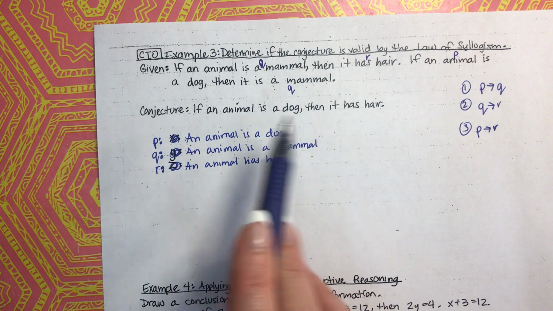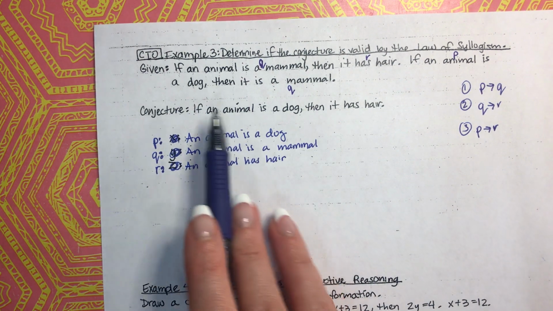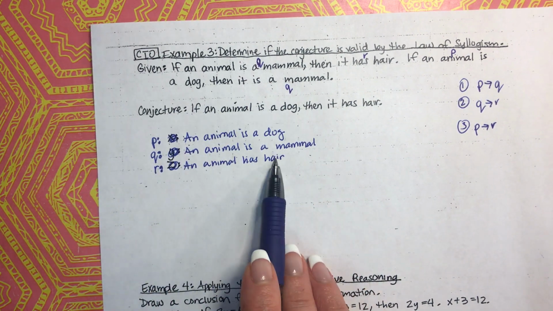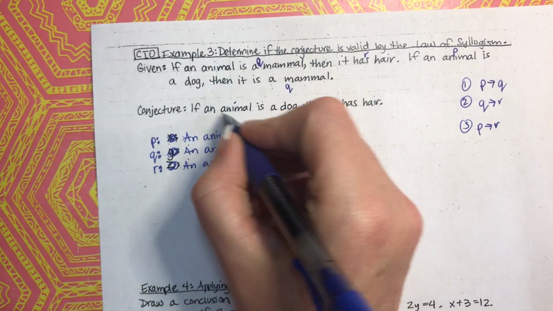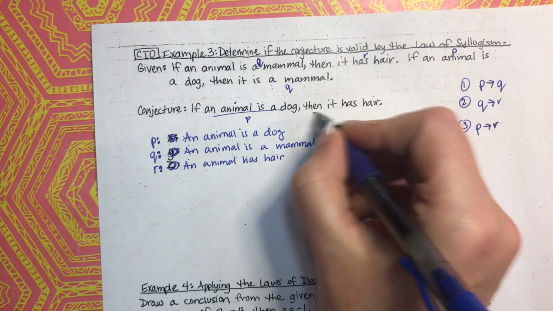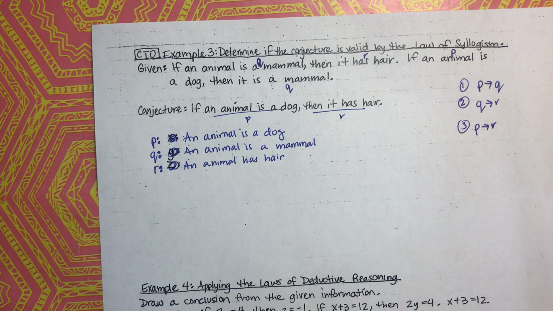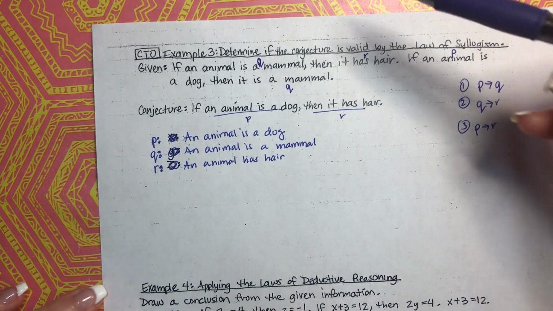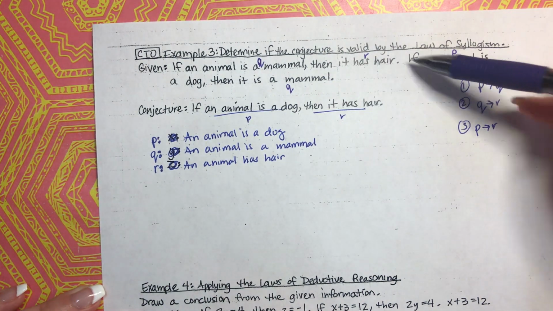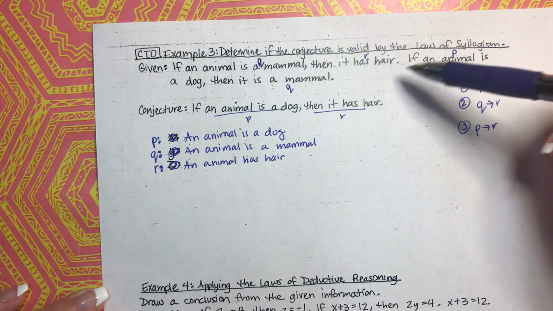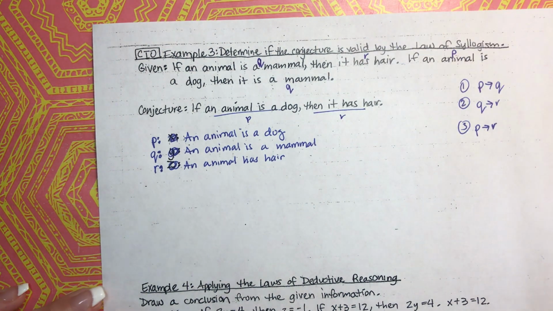Is that the case here? If an animal is a dog, then it has hair. Yes, this is P here, and this is R. So boom, this fits the law of syllogism. You know, the first two sentences are flip-flopped, right? But it still fits the law of syllogism.